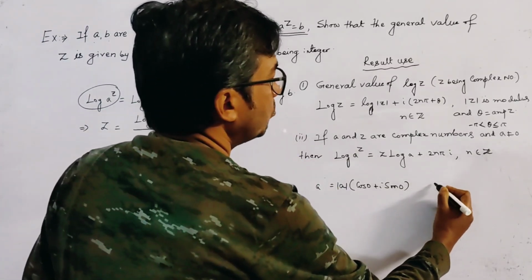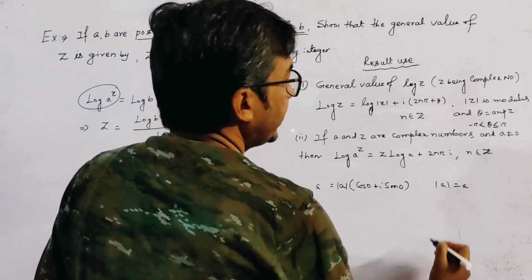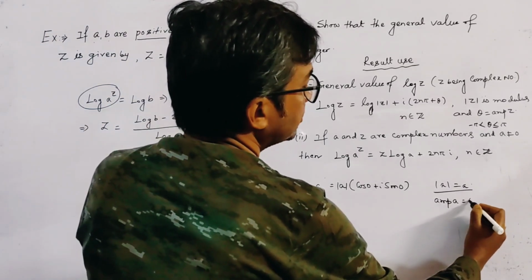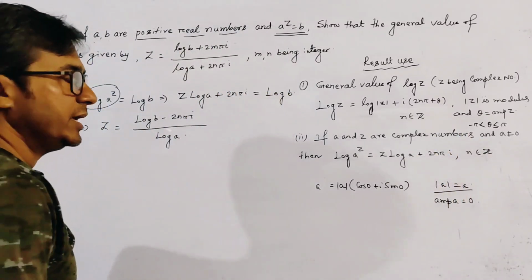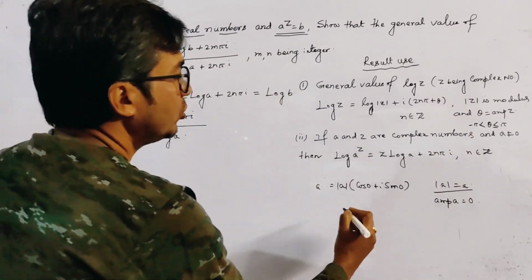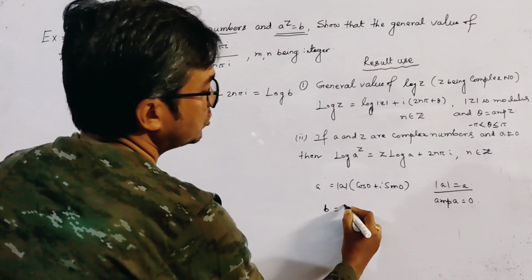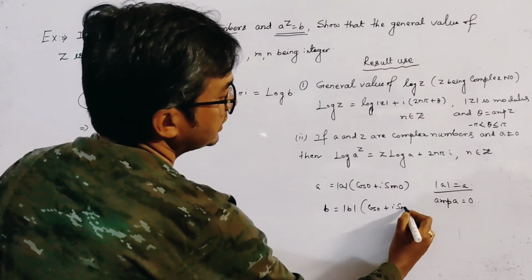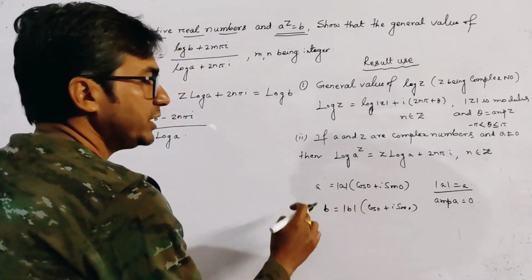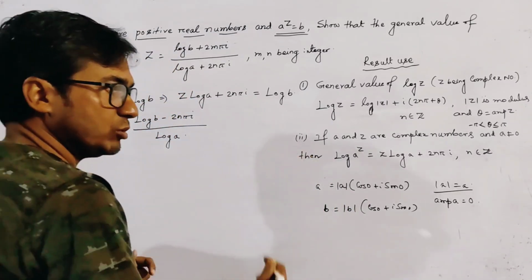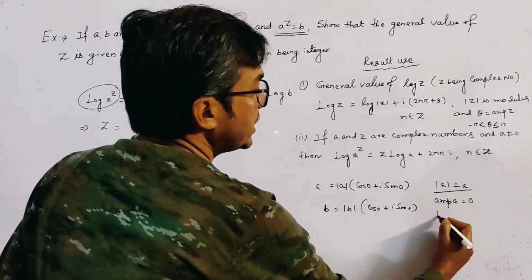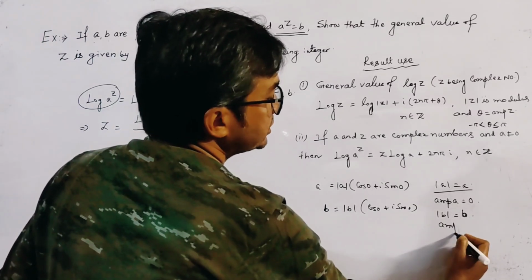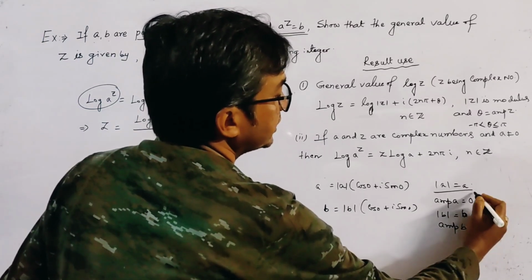So we get mod a equal to a, and the amplitude of a equal to 0. Similarly, b equals mod b into (cos 0 plus i sin 0), because b is real and positive also. So we get mod b equal to b, and the amplitude of b equal to 0.